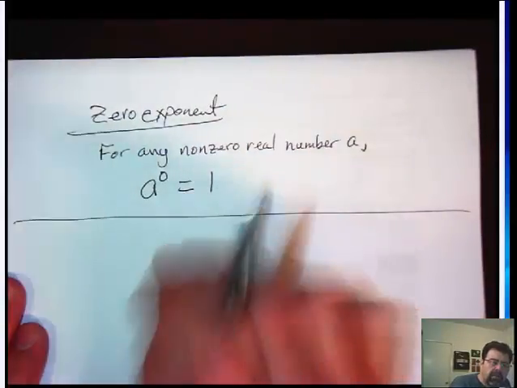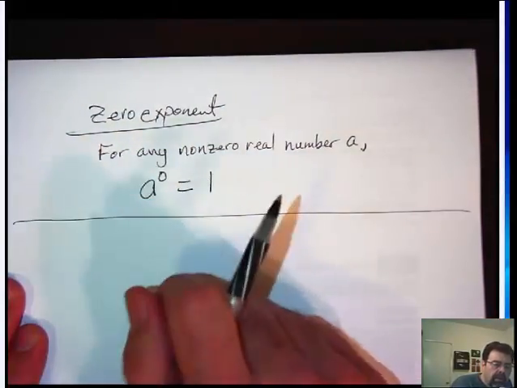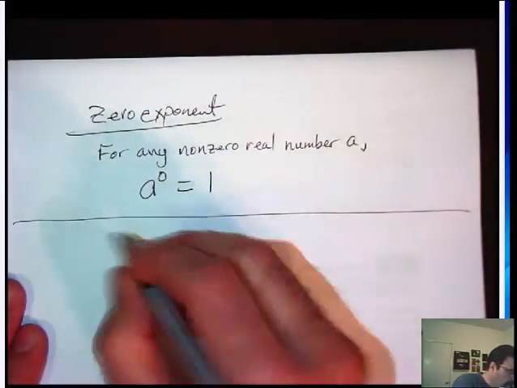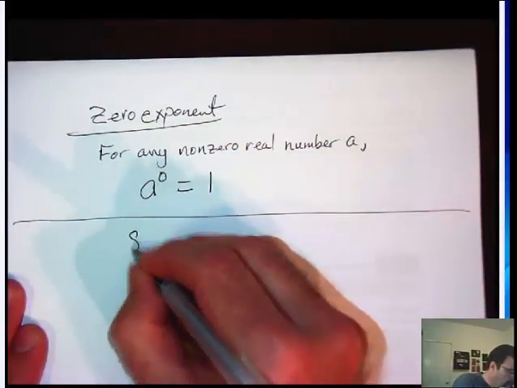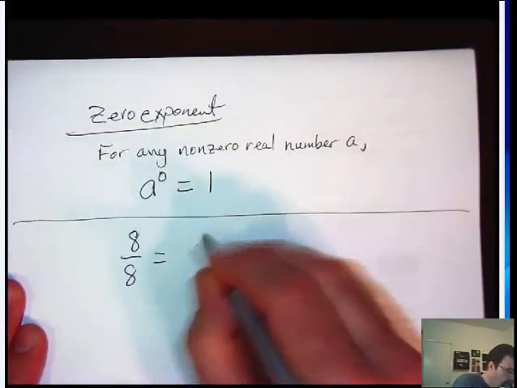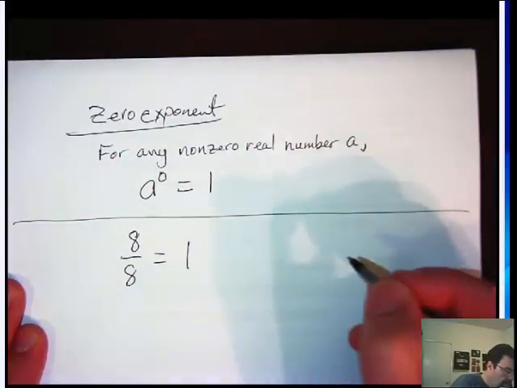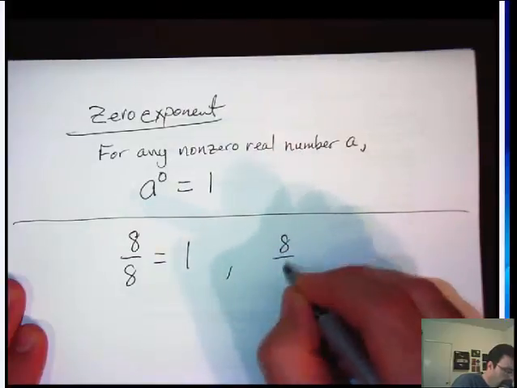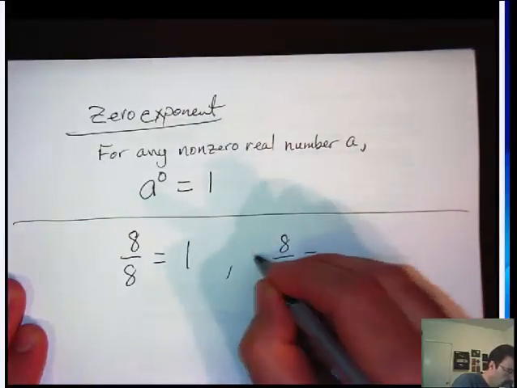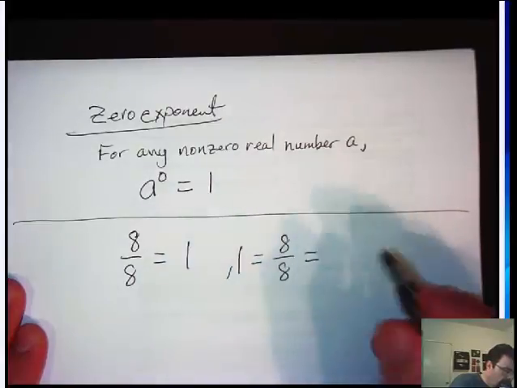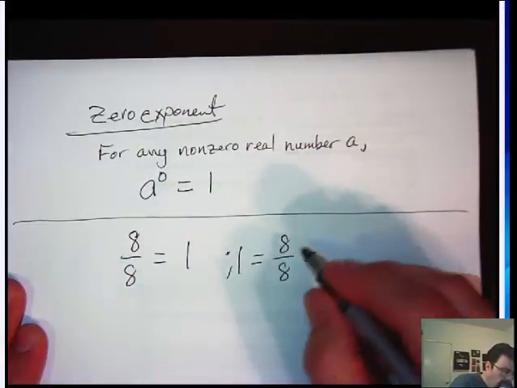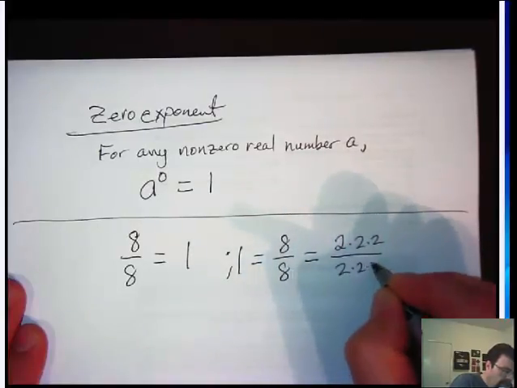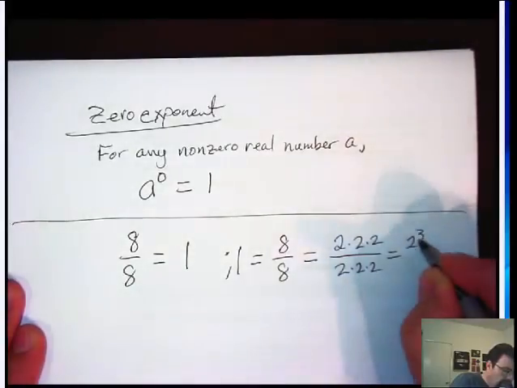Where this comes from is actually a consequence of the quotient rule we just went through. Let me give you an example with numbers. What's 8 divided by 8? Well, 8 divided by 8 is 1. But we also know that 8 is 2 times 2 times 2, and we can write that as exponents.